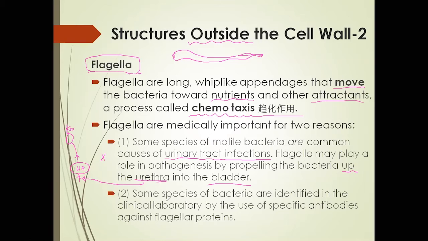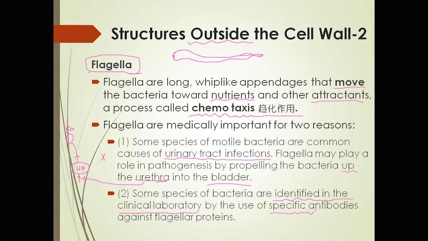They also have another function, or maybe we can use it, because this kind of structure can be used for identification clinically. After identification, we can also use it to help our immunity functions.